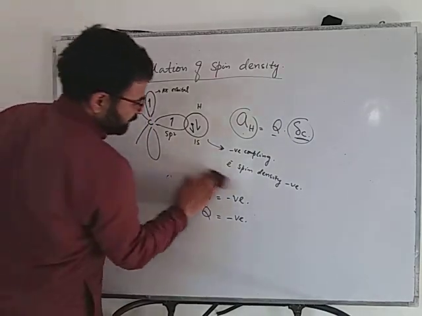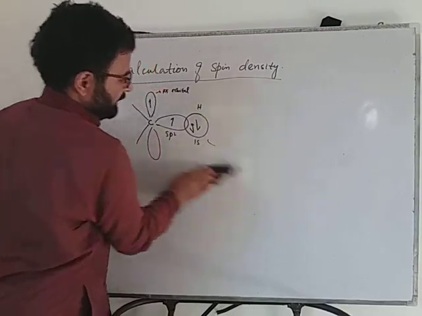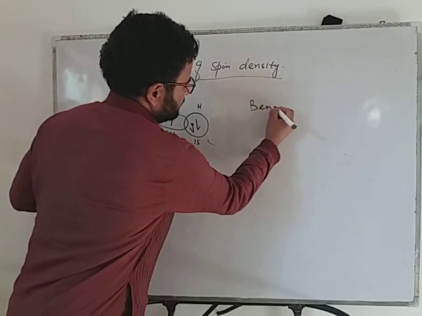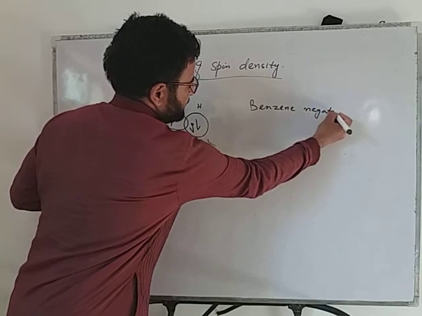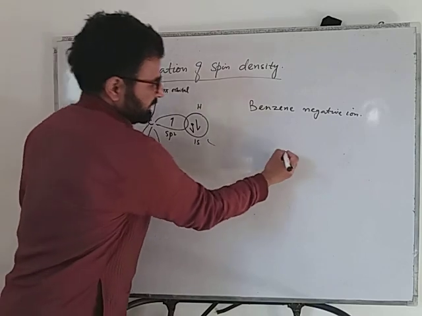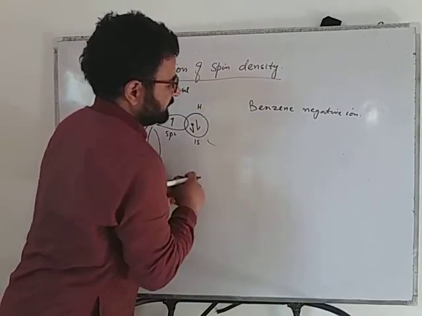Fine. So now this value of Q has been estimated on a system like the benzene negative ion, or anion. Okay, in a benzene negative ion, for example, we have a benzene ring.